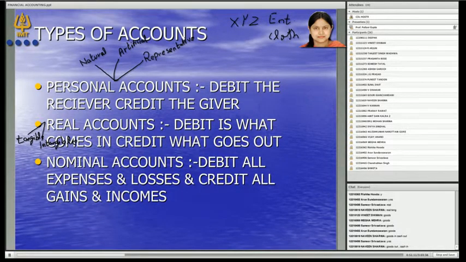Now goods are being sold, so we will use a sales account. Both are real accounts. Debit what comes in, credit what goes out. Goods are going out, cash is coming in. So cash account debit to sales. Clear with everyone? First four entries are clear with everyone?